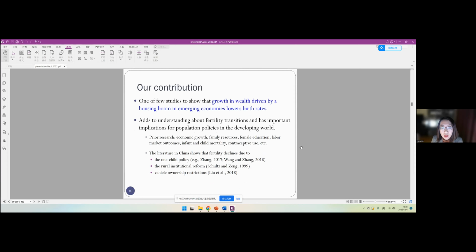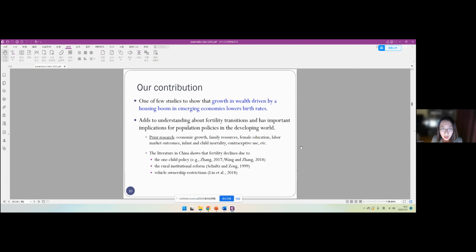We think our study contributes to the literature in three ways. First, it is one of the few studies to show that growth in wealth driven by a housing boom in emerging economies lowers birth rates.